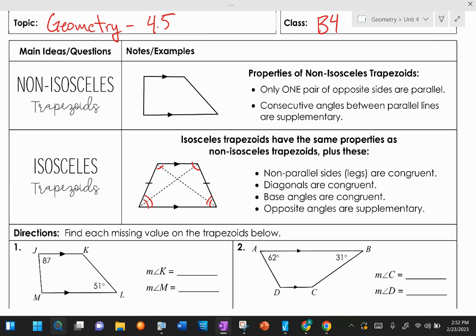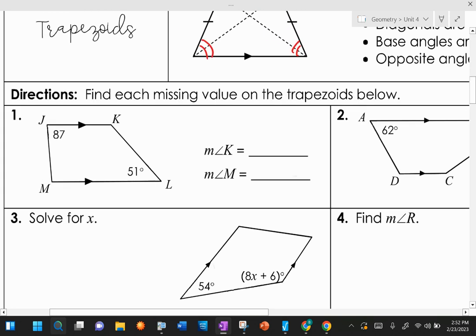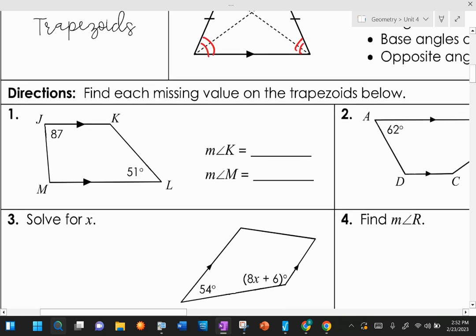Okay, let's look at number 1. We have JKLM. If J has an angle measurement of 87, what would K be?